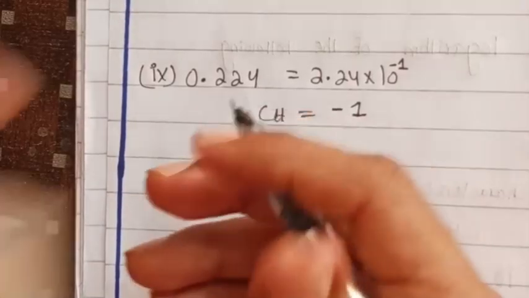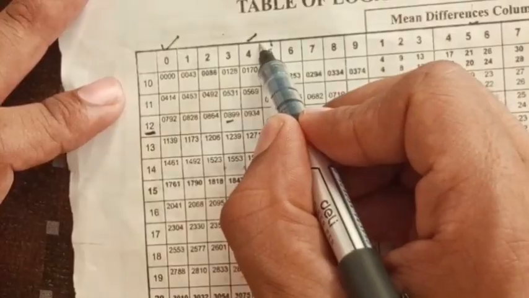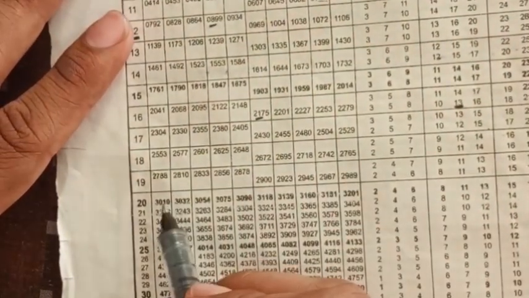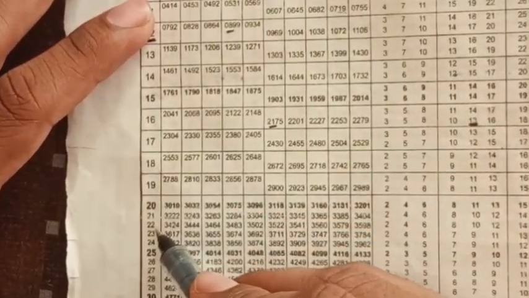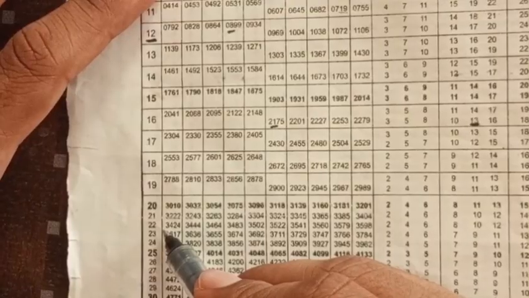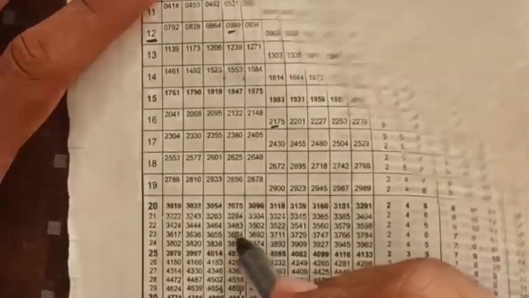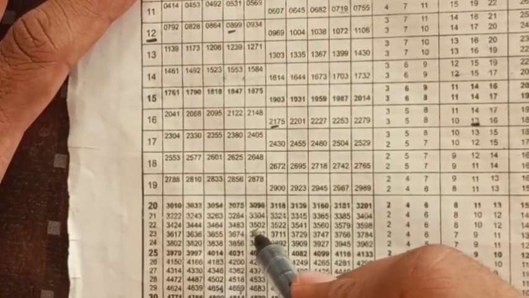See here, suppose this is column 4. I am supposed to find out the value of 22 in column 4, and this is the 22. So in column 4, the value of 22 is 3502.